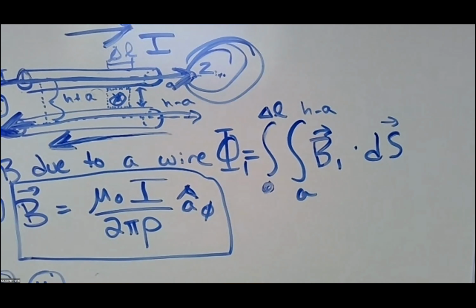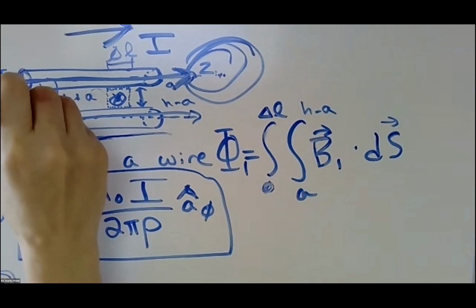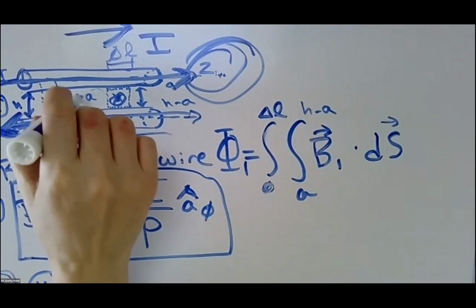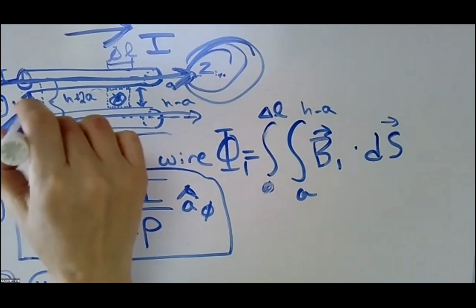I see another hand up. What's up? Hi, sorry to interrupt. I was wondering, where is H? I'm a little bit confused. Which part is H? It's the spacing between the wires. Oh, I thought that's H plus A. Well, yeah, so like this distance is H. I guess that should be H plus 2A if it's like that.